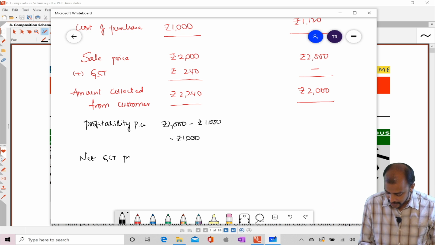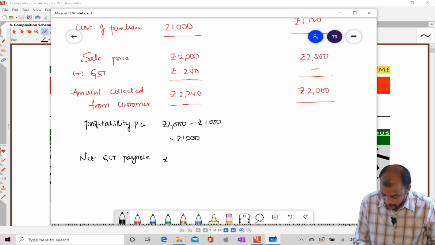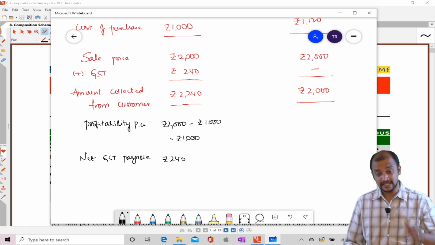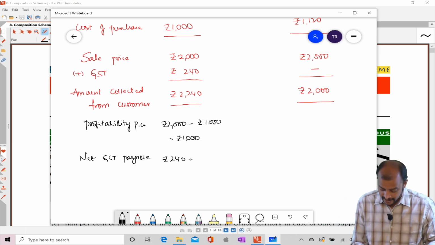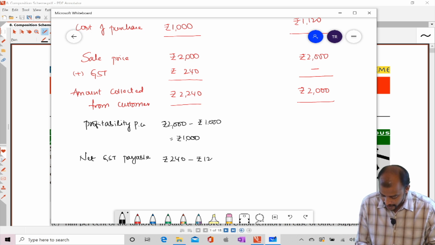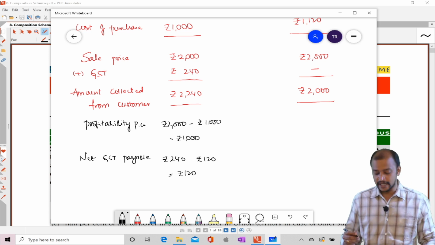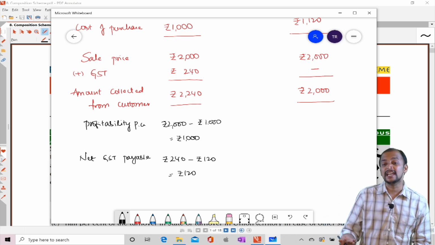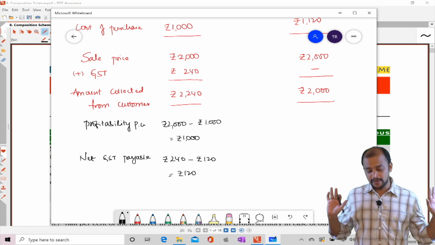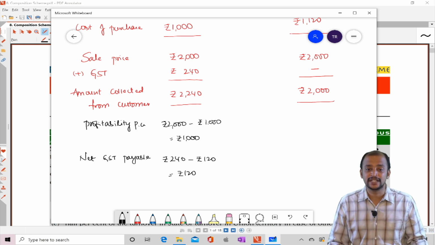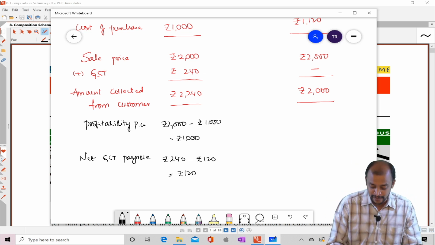Net GST payable is rupees 240, that is the GST which I am collecting from the customer, and minus 120 I have credit. So therefore that is equals to 120 is the net GST that I am paying to the government, which means what is the profitability per unit? I got 1000 rupees as profitability per unit. You understood the normal scheme?